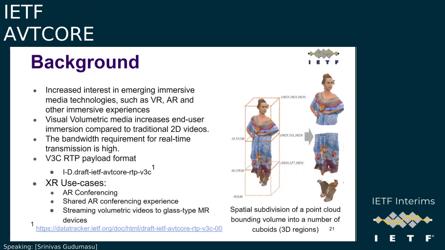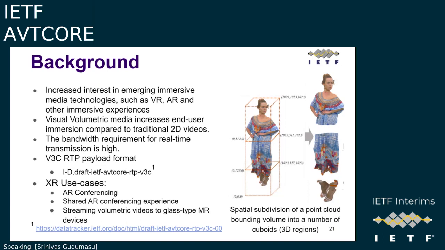So to enable the partial access, a volumetric video frame can be divided into a number of independently decodable tiles. We call these 3D tiles. And all these decodable tiles are mapped into a 3-dimensional subdivision of the space.